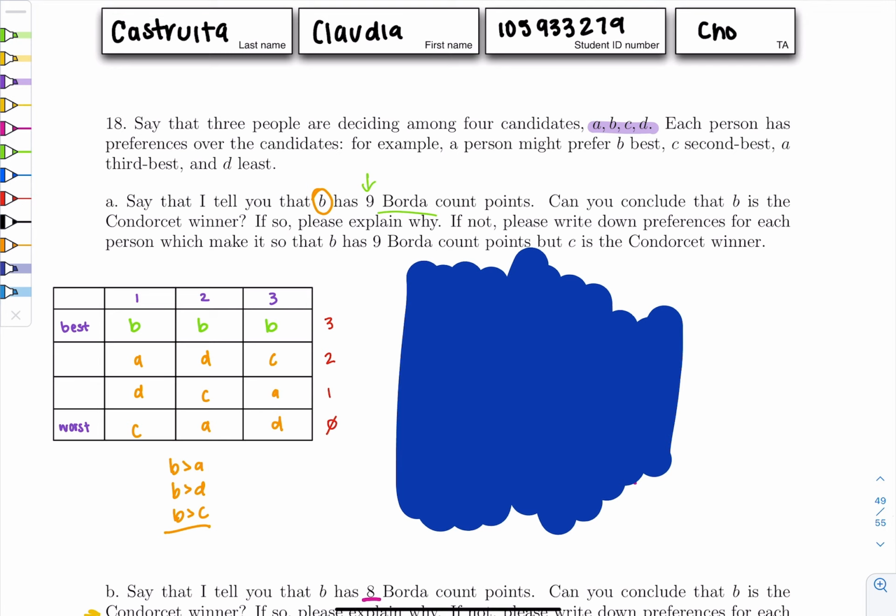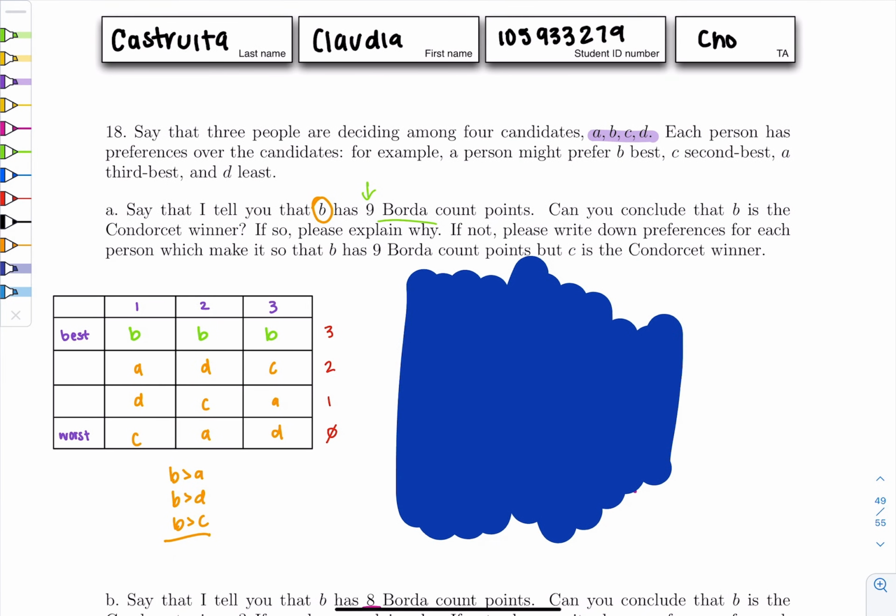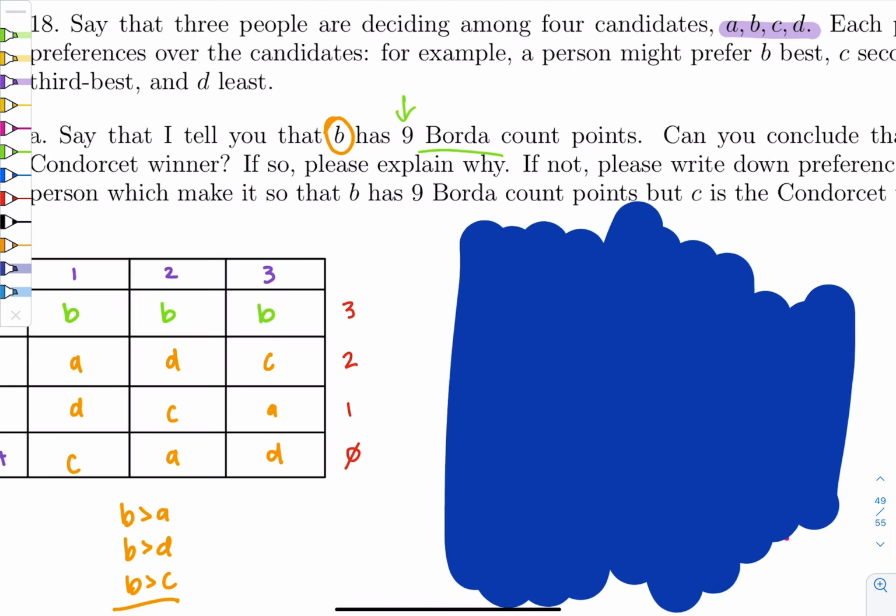So our first question is asking us, if B has 9 Borda count points, can we conclude that B is the Condorcet winner? And just as a refresher, the Borda count is a voting system where voters rank the candidates from best to worst, and each candidate receives a certain amount of points based off where they're ranked.